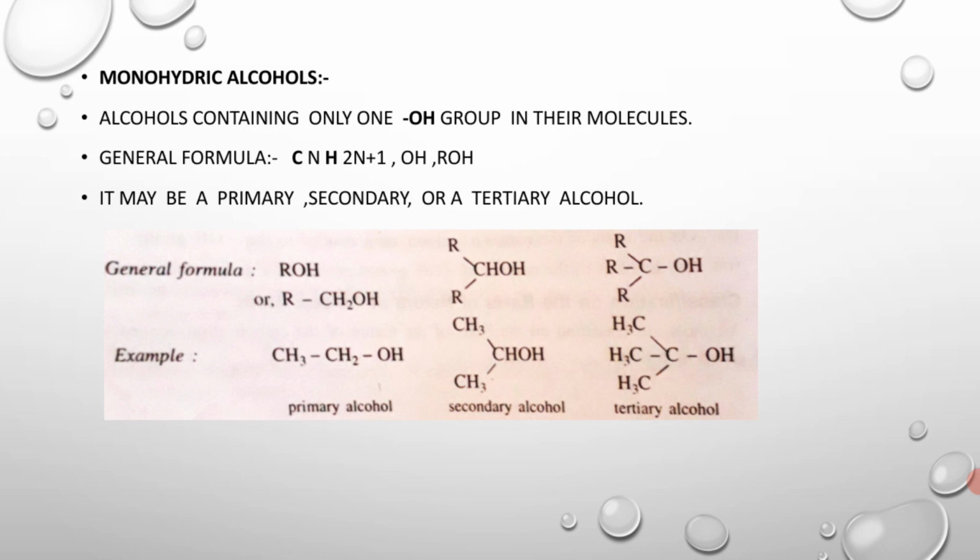And there are examples given, very easily we can understand, that is primary alcohol given, secondary alcohol given, tertiary alcohol given, as alkyl group in the form here methyl group is attached by replacing hydrogen atoms of the carbon atom which is attached with hydroxyl group.